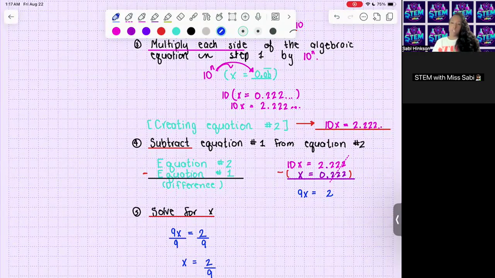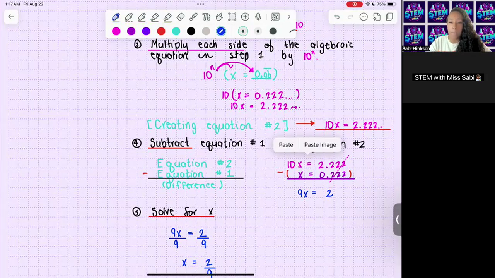But remembering, we're trying to convert this number, 1.2222222, into a fraction, so we can't forget the other part.